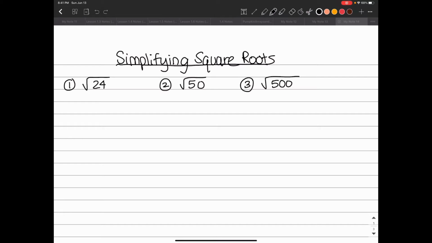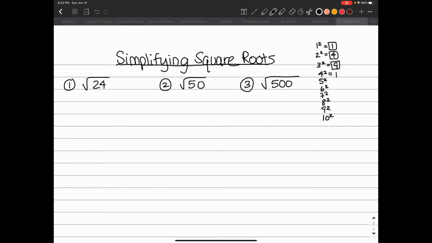Perfect squares, if you forget what they are: 1 squared is 1, 1 is a perfect square. 2 squared is 4, 4 is a perfect square. 3 squared is 9, 9 is a perfect square, and so on. If I have 4 squared, 5 squared, 6 squared, 7 squared, 8 squared, 9 squared and 10 squared.